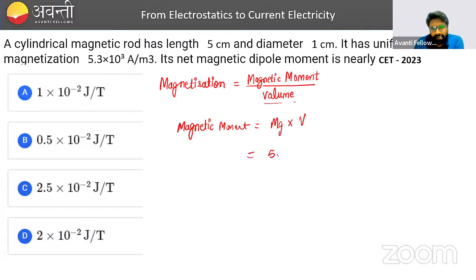Magnetization is given as 5.3 × 10^3. Volume will be pi r square L because it's a cylinder. Radius and diameter are given to you already. So it is 5.3 × 10^3 pi.